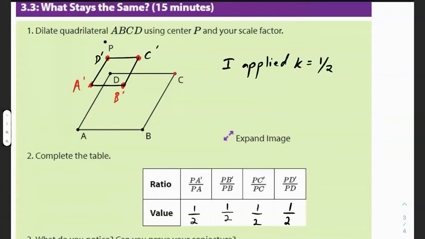So it doesn't matter what side is going on, it's still just going to be half. So the distance from P to A prime is going to be half of the distance from P to A. Okay, that's where I'm getting the half from.